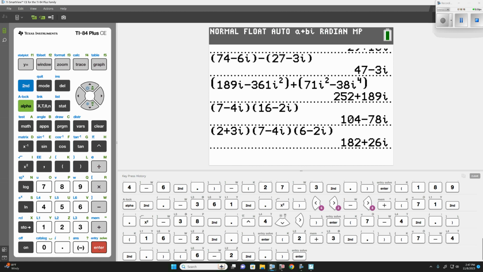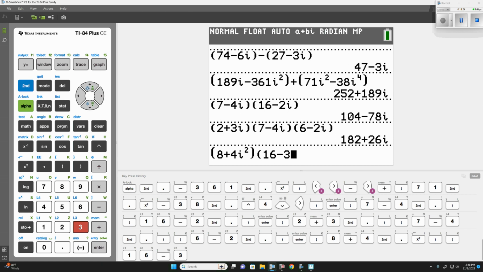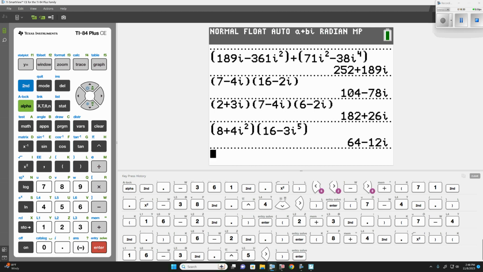Even with having i to the fifth or i squared, it still does them just fine. We have to plug it in. Question on addition, subtraction, or multiplication?